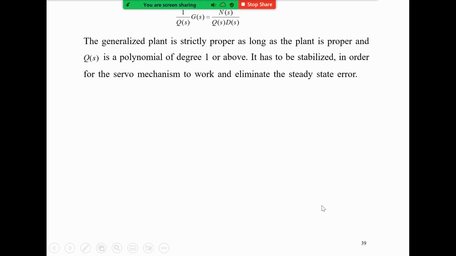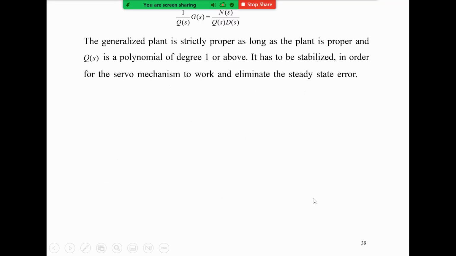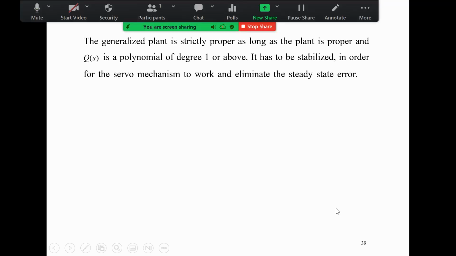That's why we can form this generalized plant. And we also know the generalized plant is strictly proper, because the original G is proper, and as long as Q is a polynomial of degree 1 or above, this will be strictly proper.